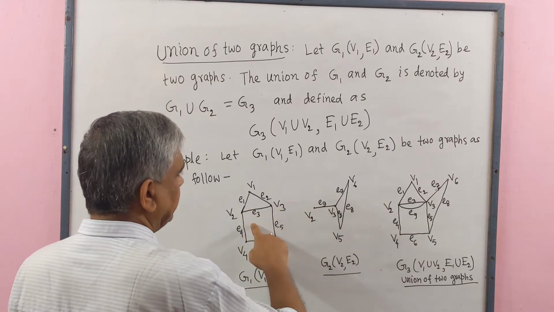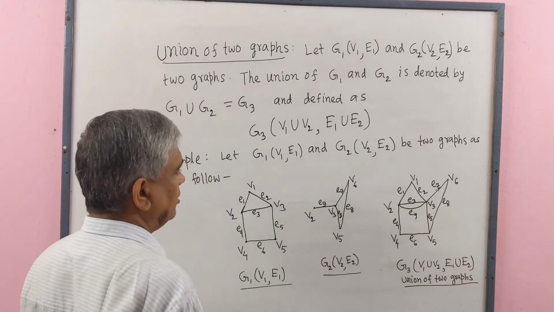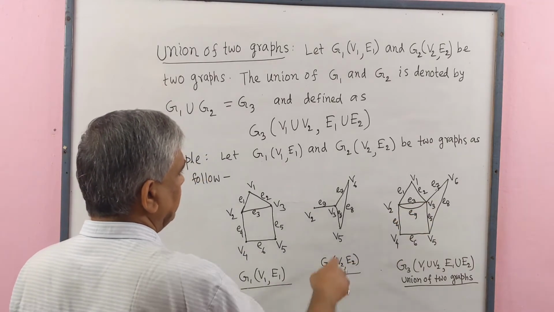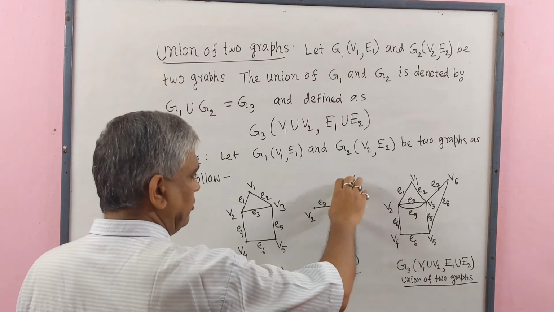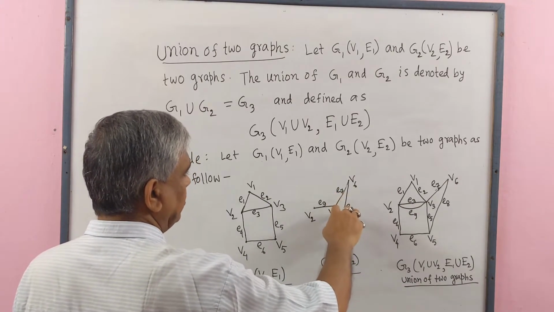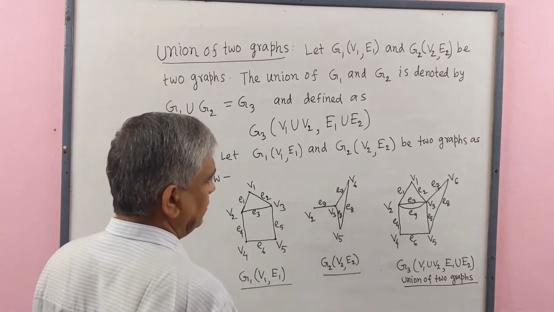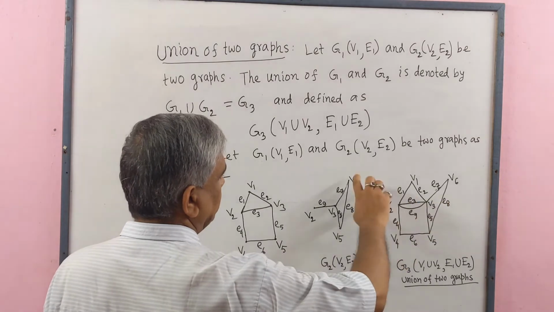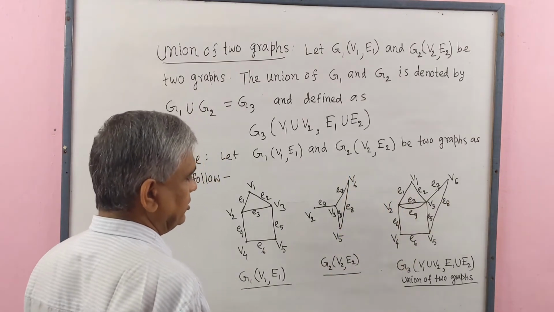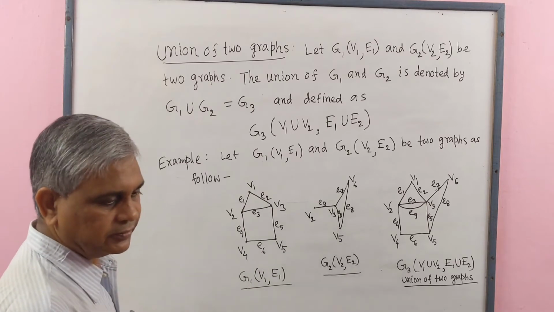So we draw another edge here, E9, and then we draw this portion, E7, E8 edges with their vertices. This is the union of two graphs.